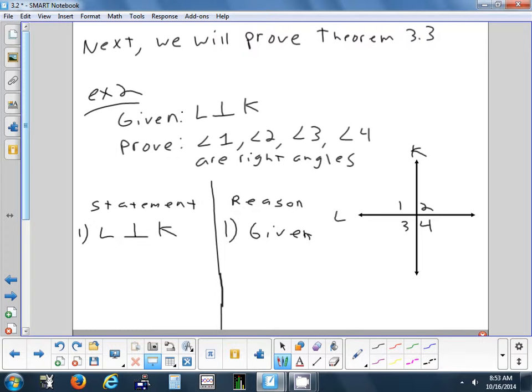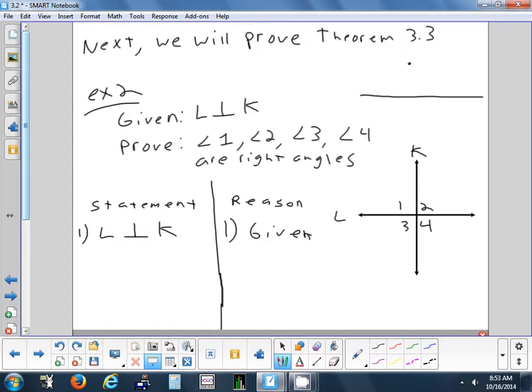Well, the construction we did yesterday allows you, if you have a point and a line and a point not on that line, to construct perpendicular lines. Now, I'm already giving you that you have perpendicular lines, so you could try to think about how you could use that.